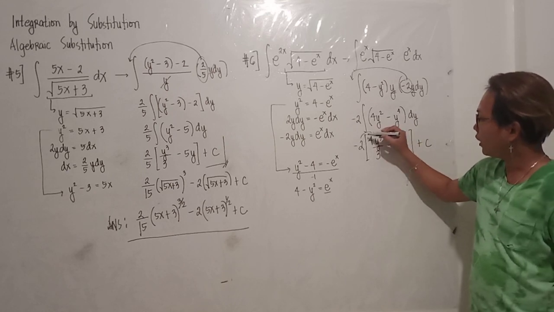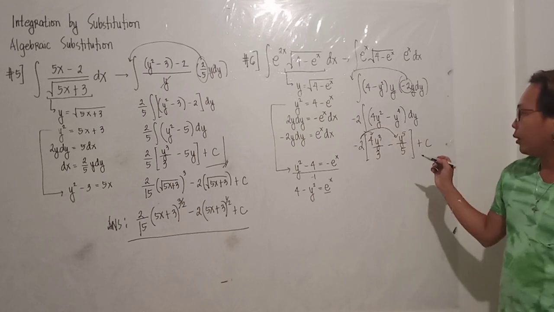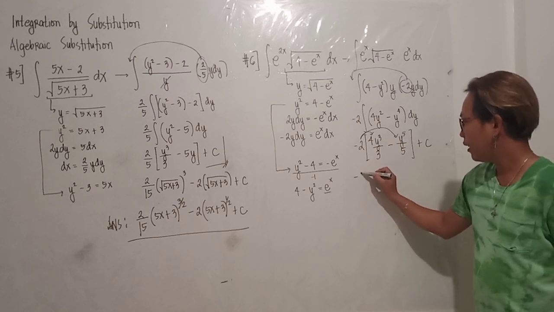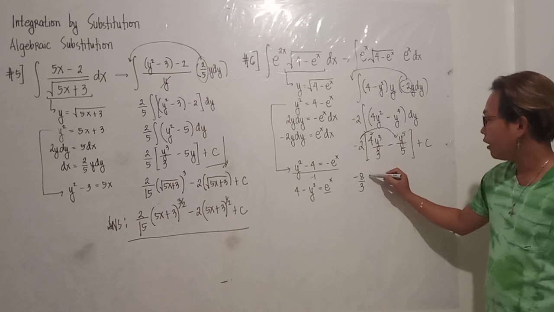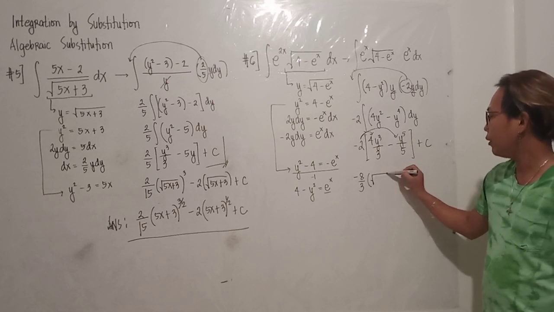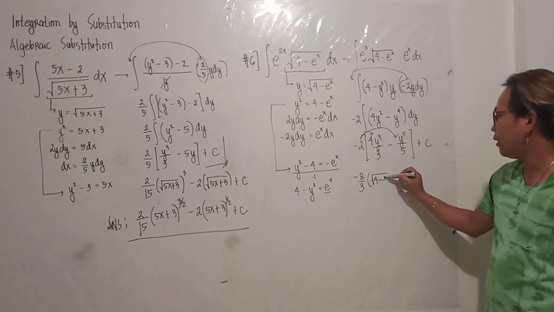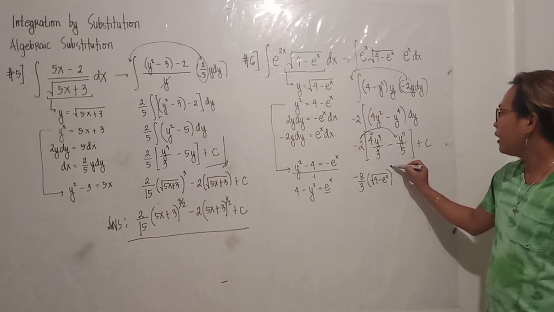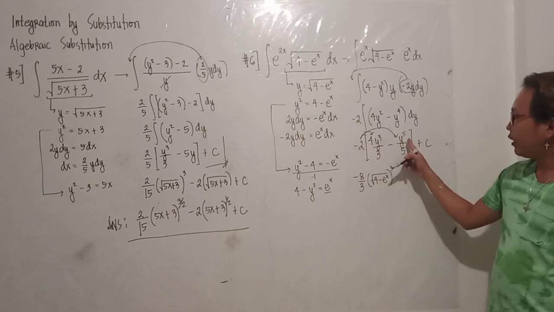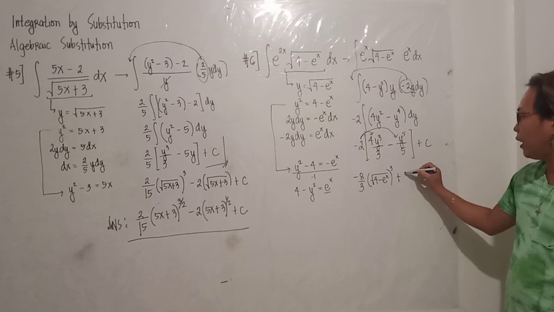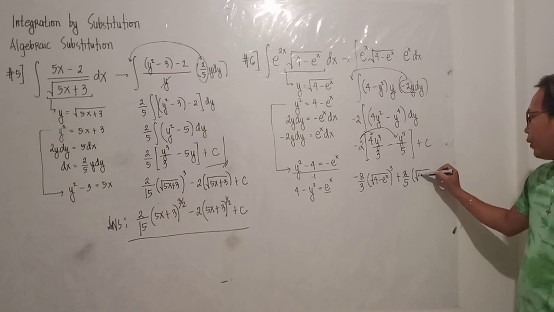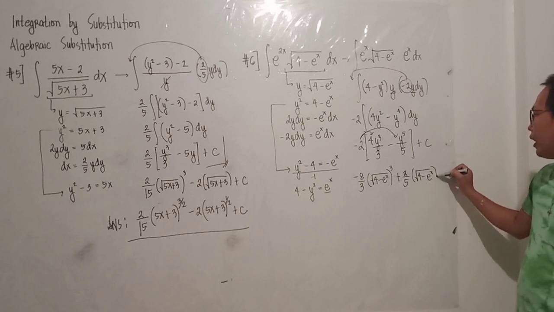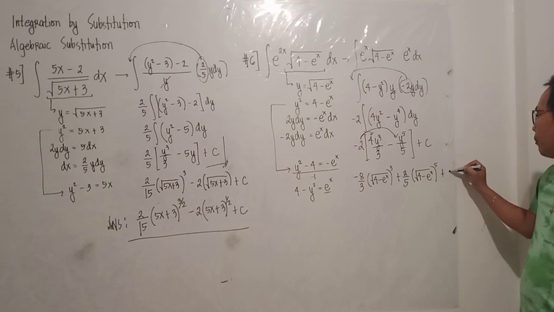Then pwede din itong distribute. You will now have negative 8 over 3. Y is the square root of 4 minus e raised to x raised to 3. Then distributing again, you will now have plus 2 over 5. Then the square root of 4 minus e raised to x raised to 5 plus c.